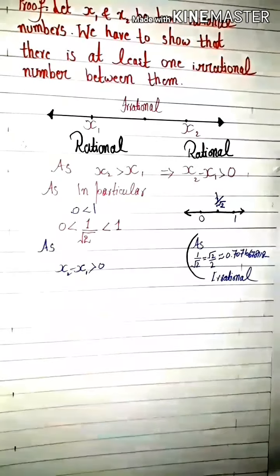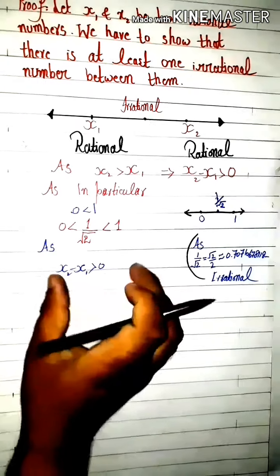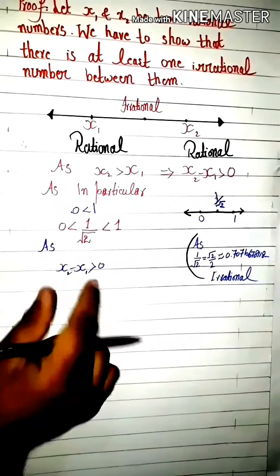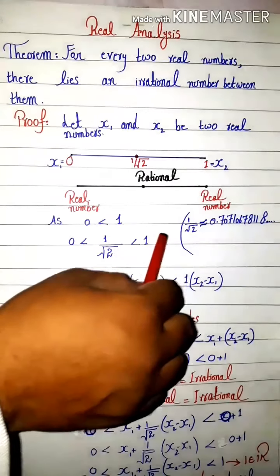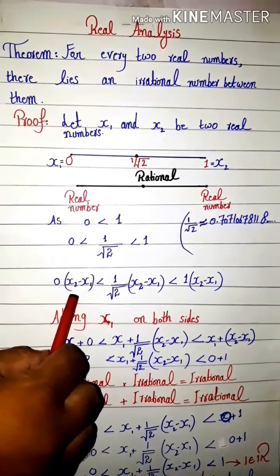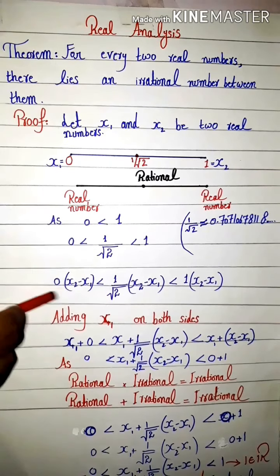To generalize the inequality between any two rational numbers, there exists at least one irrational number. Now we multiply this inequality with x2 minus x1, and after multiplying we get this equation.